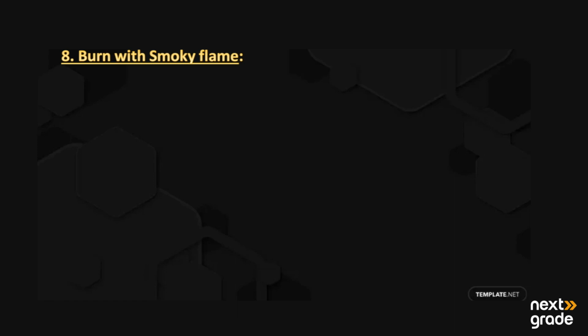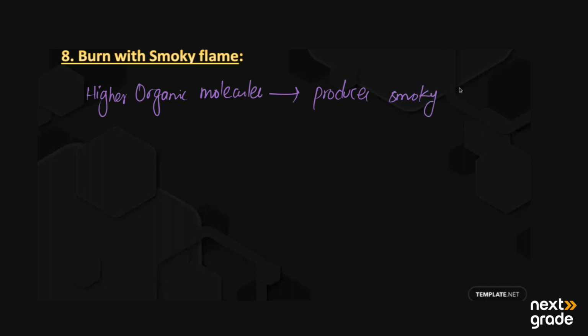So when higher molecular organic compounds burn, higher organic molecules burn, then they produce the smoky flame, as this is due to the incomplete combustion. So basically we are going to talk about the combustion of the organic compounds.